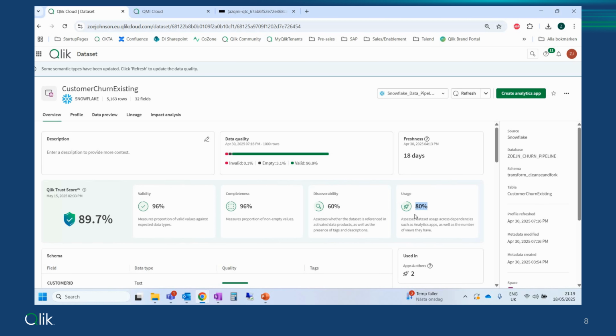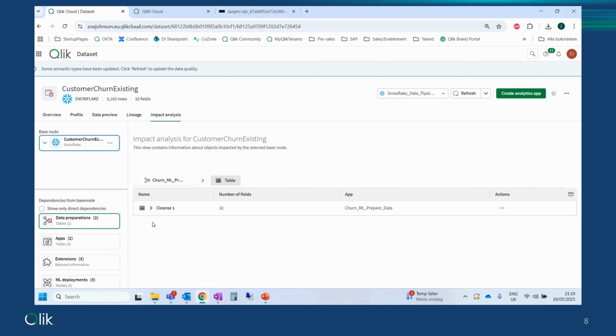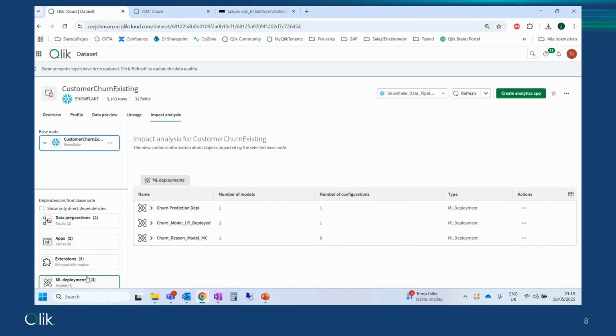You can see the discoverability is up, the usage is up, and the trust score is nearly 90% now. And I can actually see that in data preparations, in apps, in machine learning deployments, I can actually see Hanu's work just there in my screen.